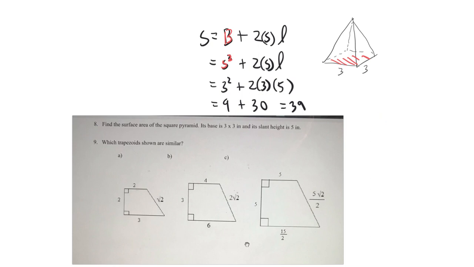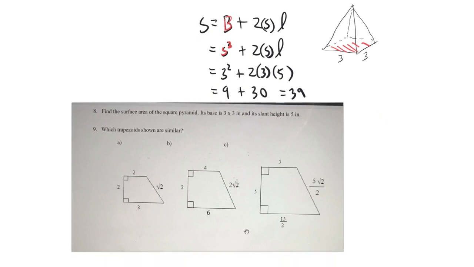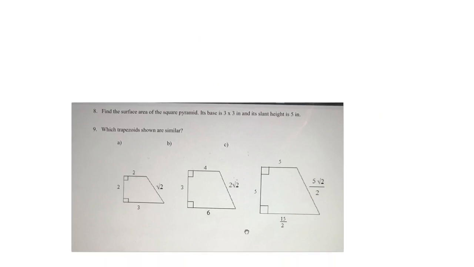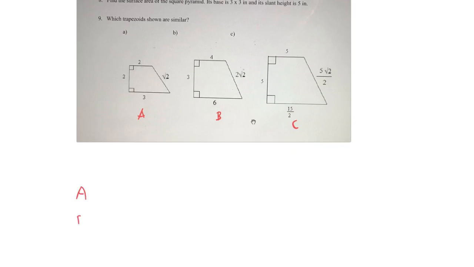Okay, looking at problem number 9, which trapezoids shown are similar? So you know they're similar if the side lengths are proportional. Let's call this trapezoid A, trapezoid B, trapezoid C. Let's investigate trapezoid A and B by comparing their side lengths. So we have 2 over 4, and the question is, does that equal radical 2 over 2 radical 2?